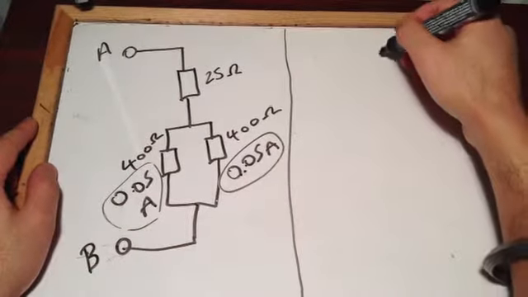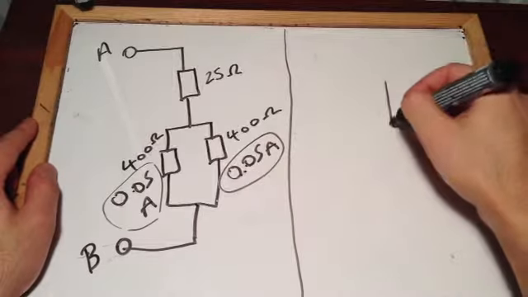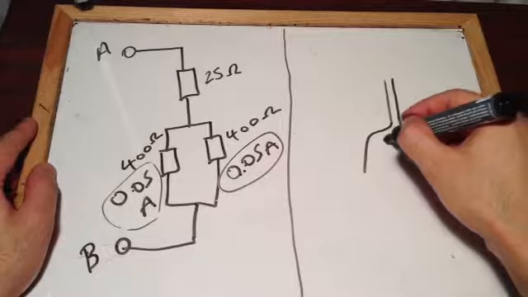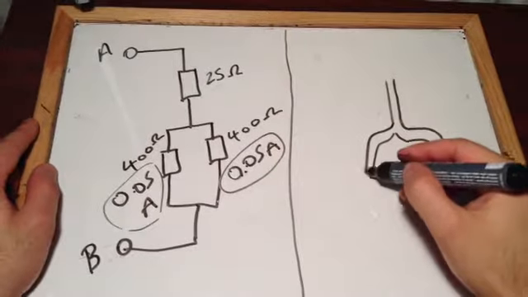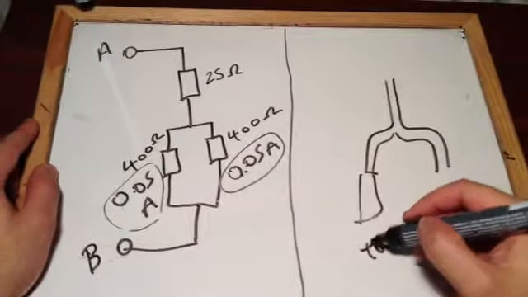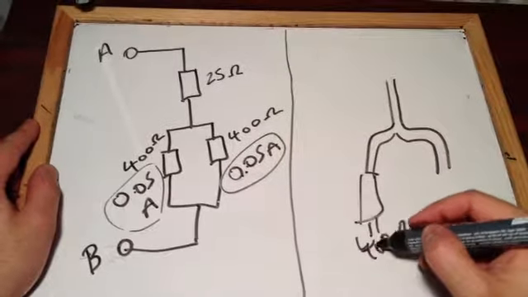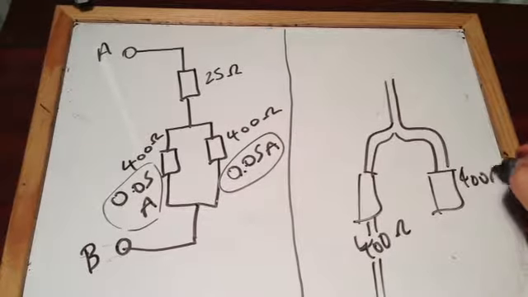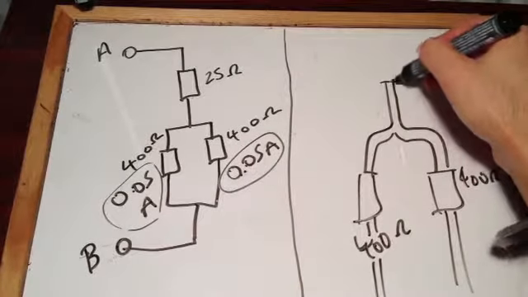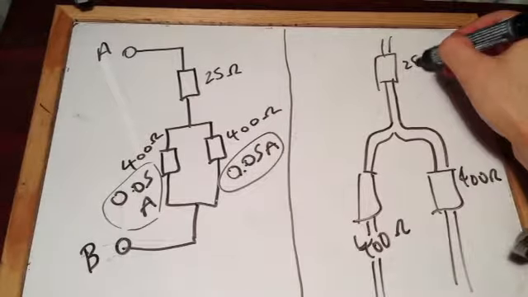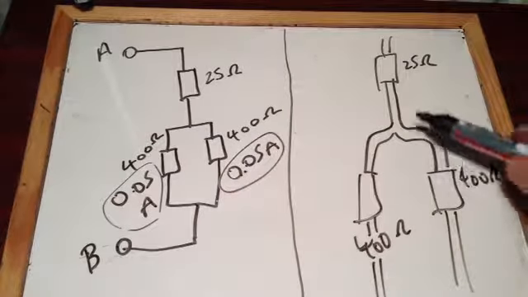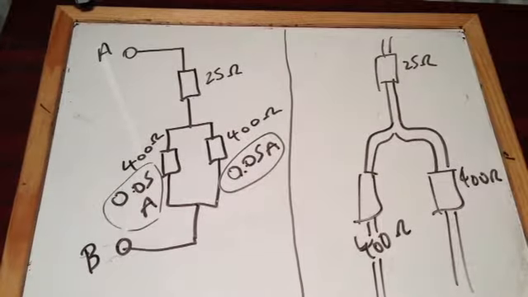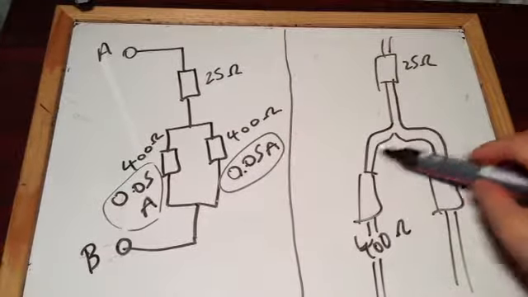Thinking about the same thing again, we've got one pathway that splits into two: one which goes to one 400 ohm resistor, and the other which goes down the other 400 ohm resistor. Then there's the pathway that goes through the 25 ohm resistor. Whatever current I have at this part, it must split somehow, maybe equally, into these two pathways.